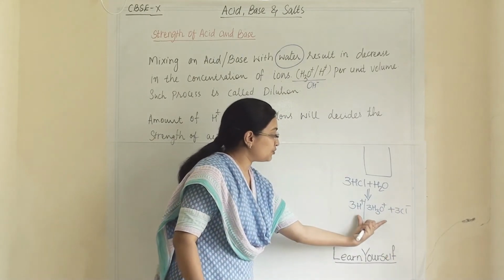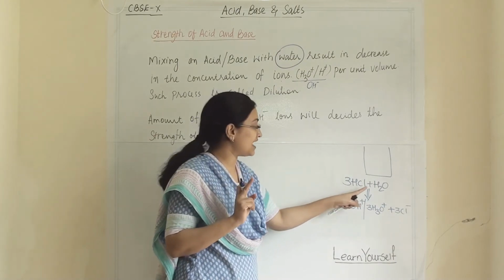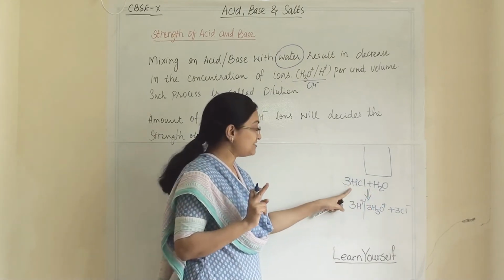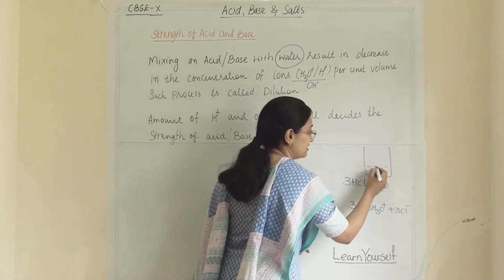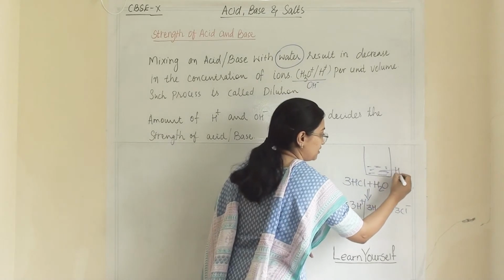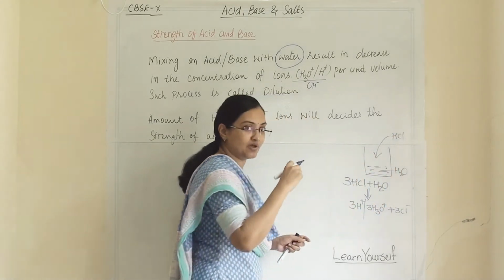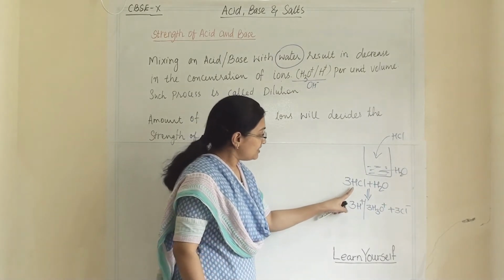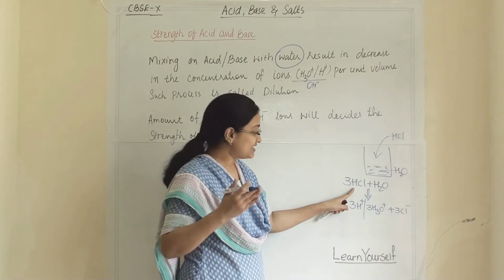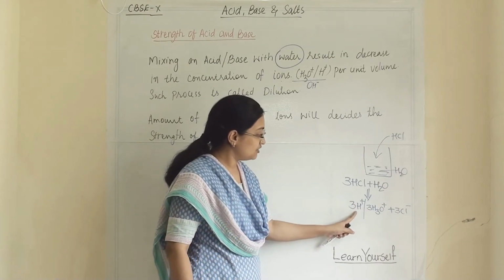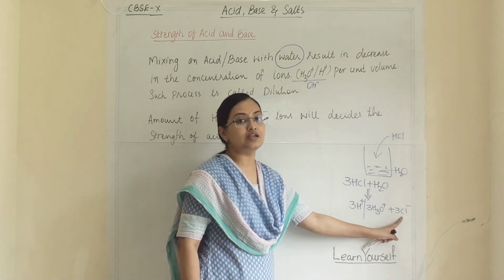This will be your product when you are adding 3 molecules of hydrochloric acid in water. You are adding acid into water drop-wise. So when 3 molecules of HCl ionize, you will get 3 hydronium ions and 3 chloride ions.